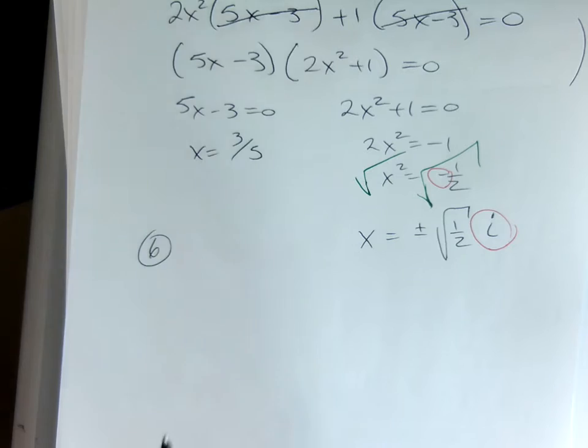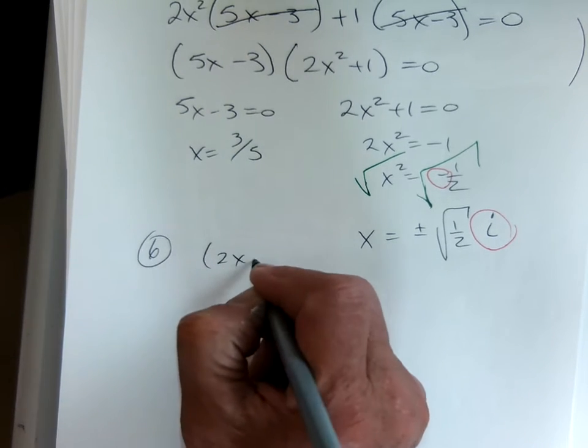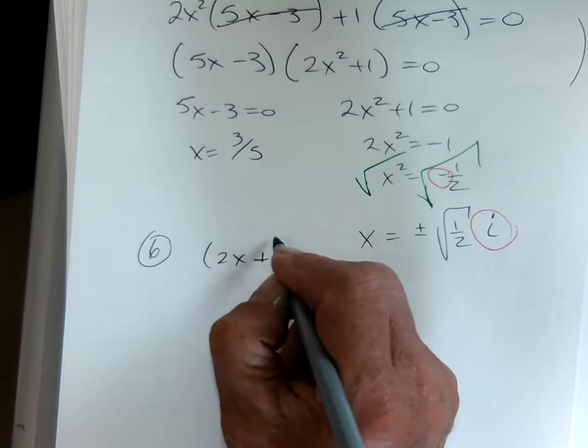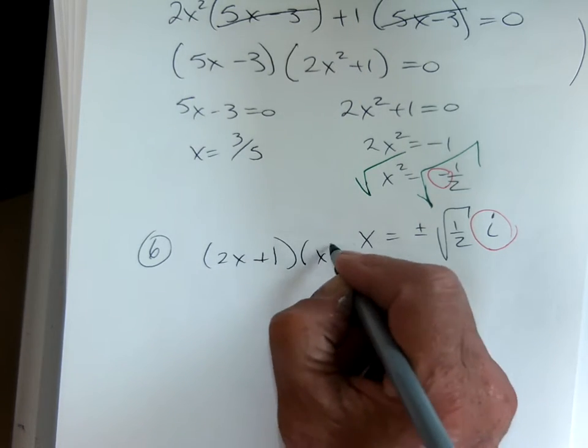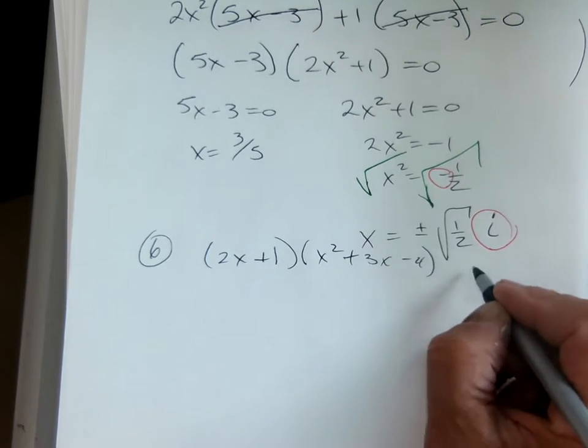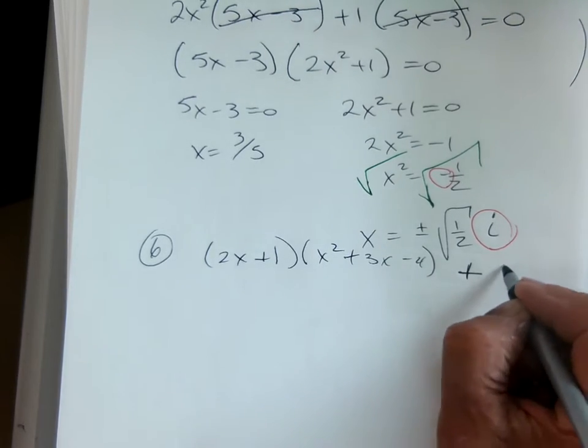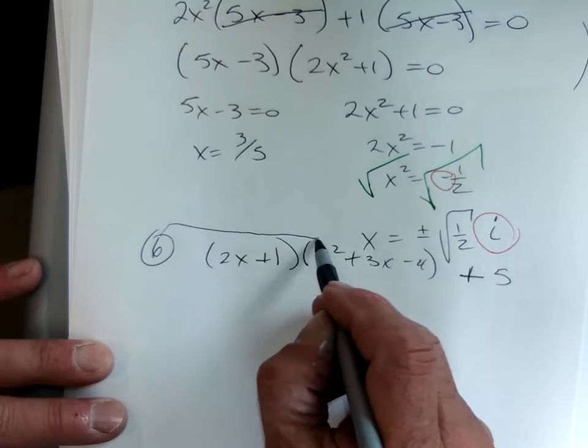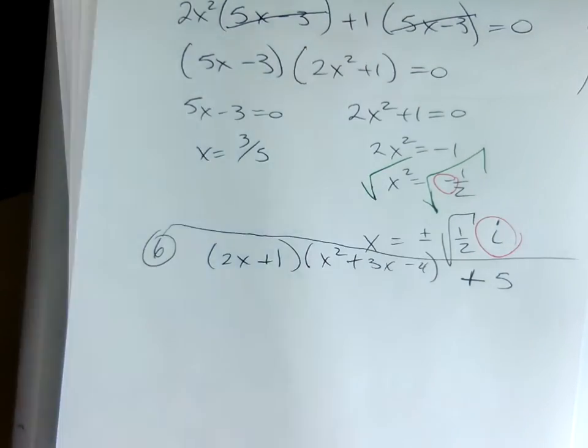Same process in 6. We're going to take our 2x plus 1 times our x squared plus 3x minus 4, and then we're going to add in our 5. Okay, so here we go.